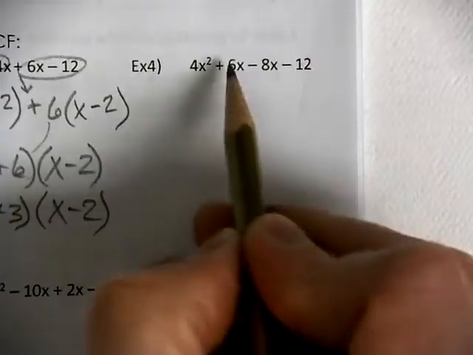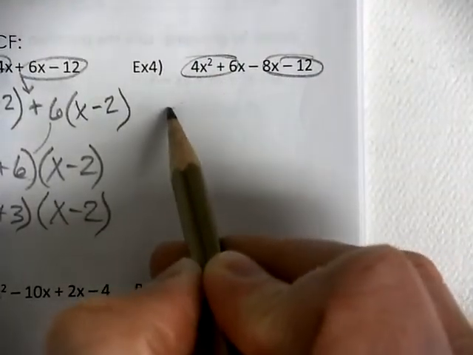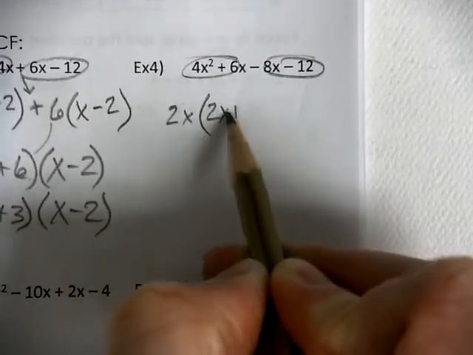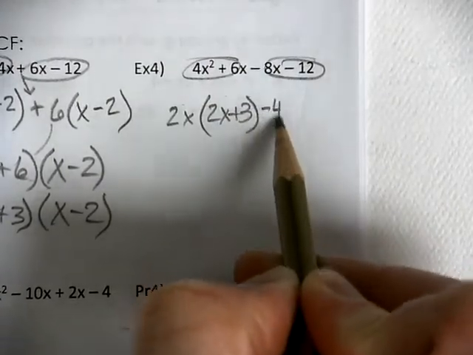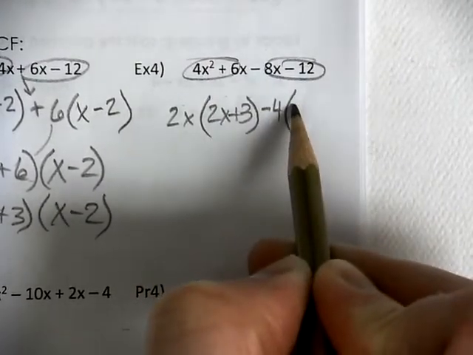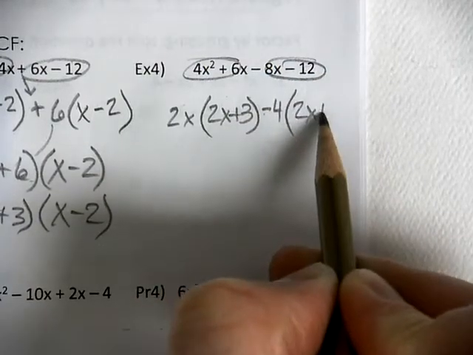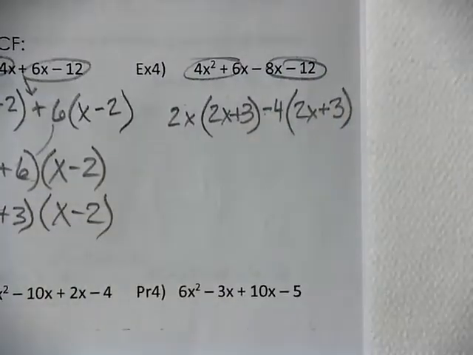And our last example in this set, we can factor out a 2x. That leaves me 2x plus 3. Bring down my sign. Factor out the 4. 2x, negative 4 times a positive 3 gives me a negative 12.